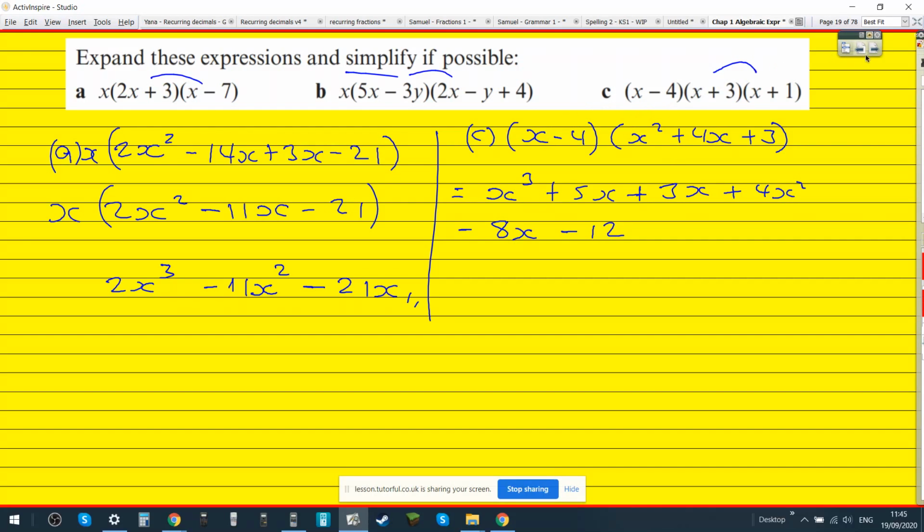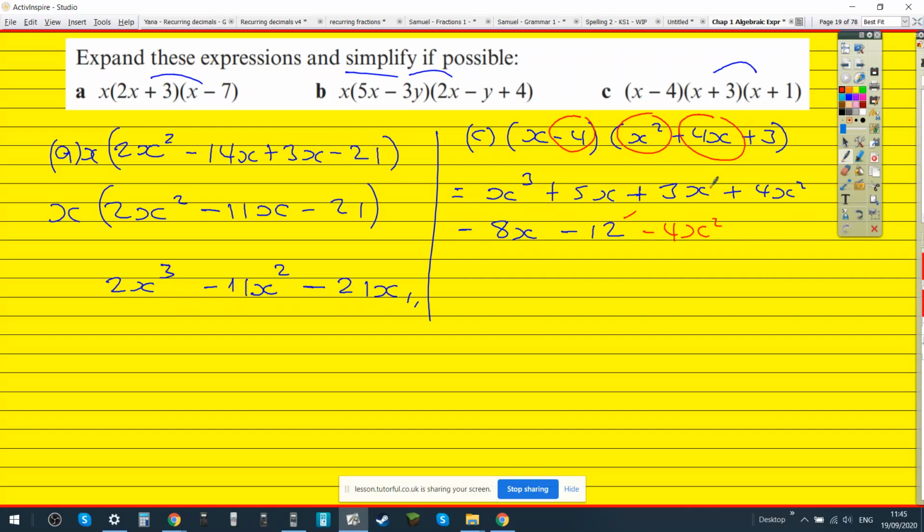You missed out on these two. Oh, okay. So it'd be minus 4x squared. Minus 12 is correct. Did you do minus 4 times 4x?